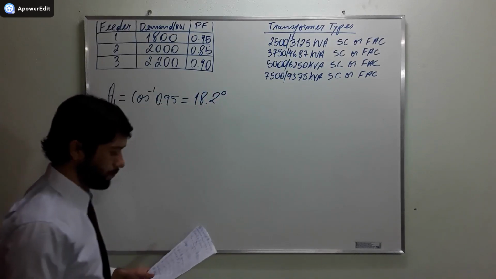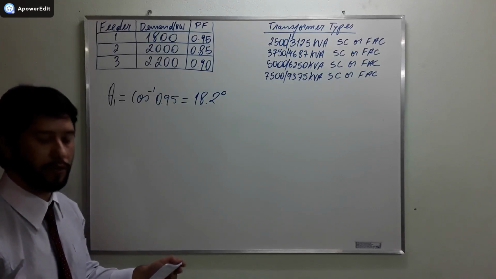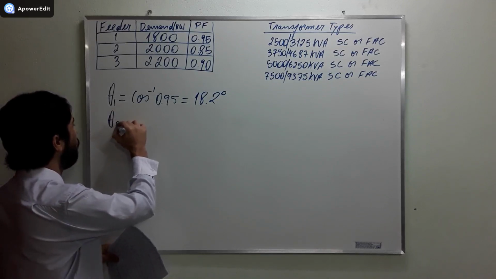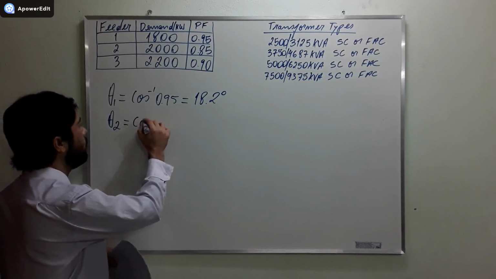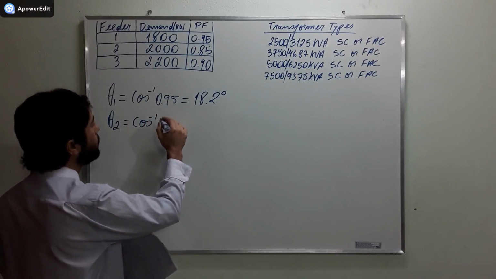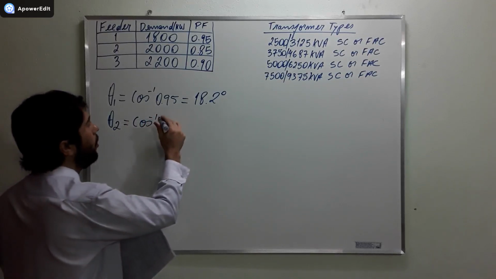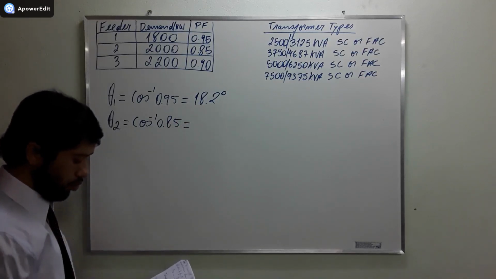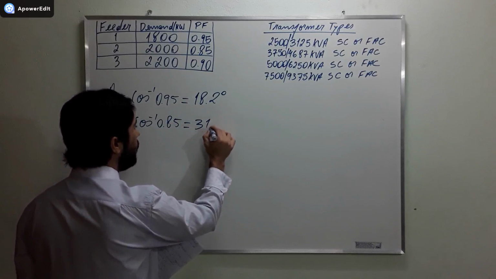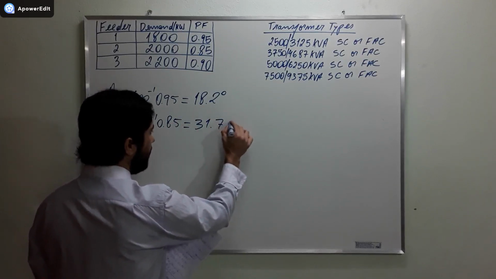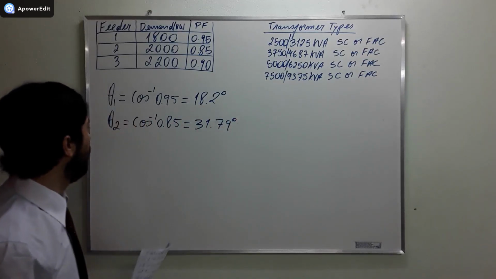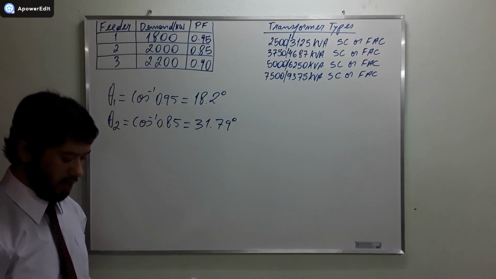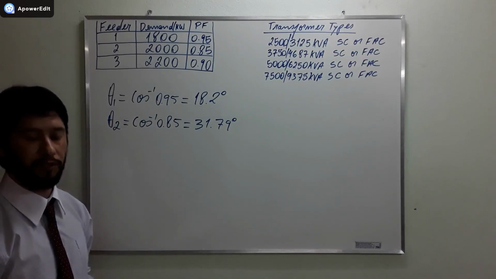And then we find an angle of 18.2 degrees. Very cool, isn't it? Now we find the second angle, theta 2. And this has got to be equal to the inverse cosine of 0.85. And this is equal to 31.79 degrees. Okay, my friends. I think you guys are learning it because you can see it is easy.